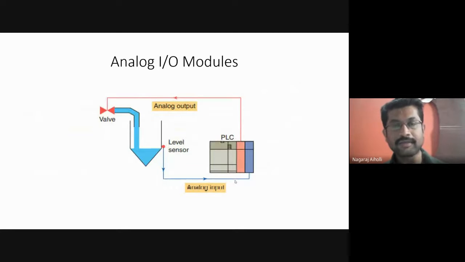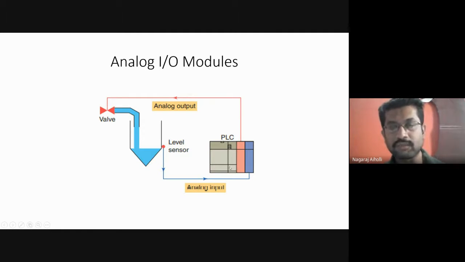The same example of the liquid level is where we explain the feedback control or the closed loop control. The level of the liquid in the tank is measured by the level sensor. The level is converted into an analog voltage signal, an electrical signal, that is applied to the PLC.